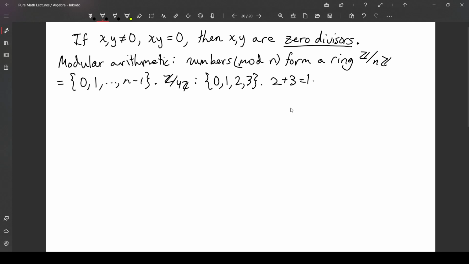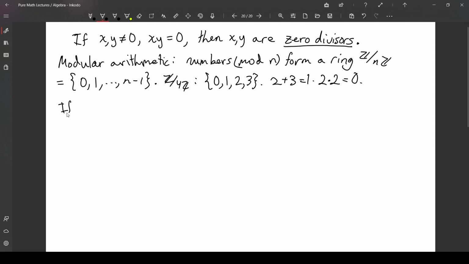Okay. So as an example of zero divisors, you could just take 2 and 2. So 2 times 2 is, in normal arithmetic, 4, but then mod 4 is 0. So 2 and 2 are zero divisors, right? And clearly 2 is not 0. So this is a good example of where zero divisors can occur.